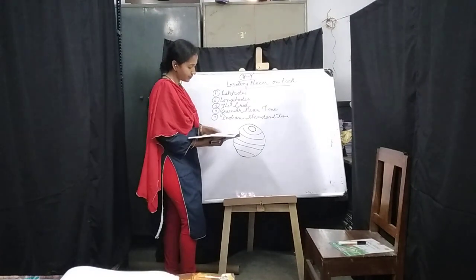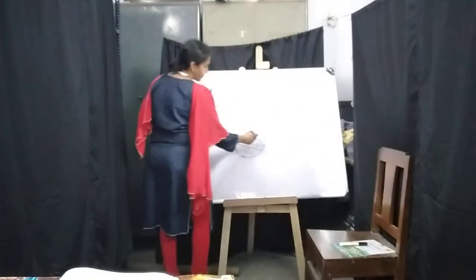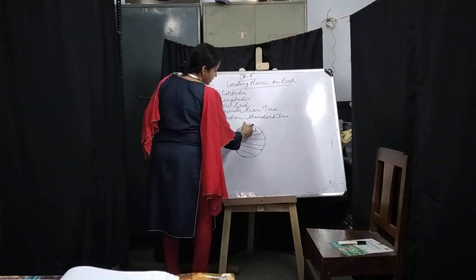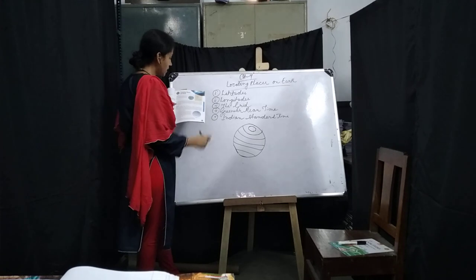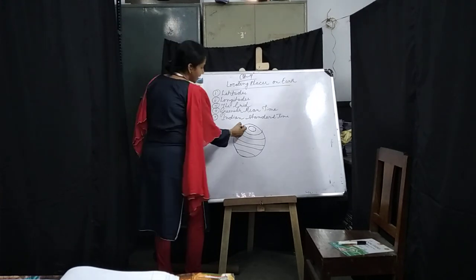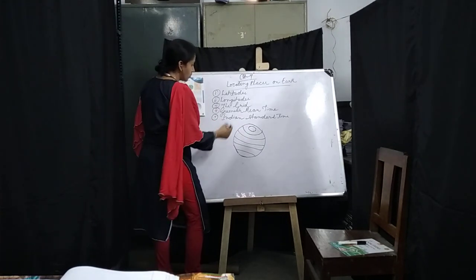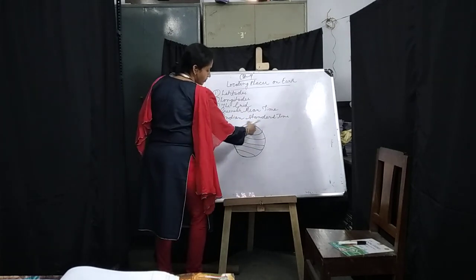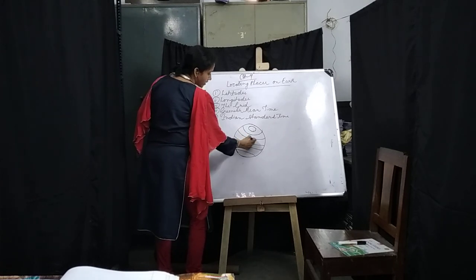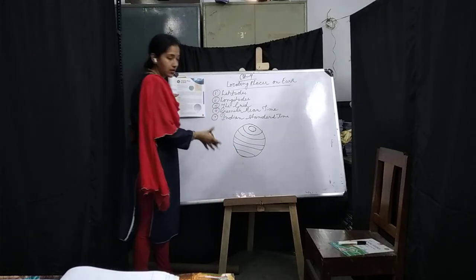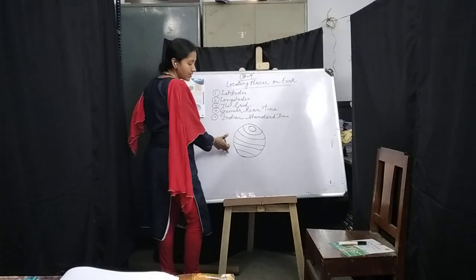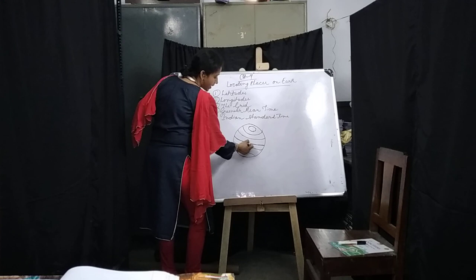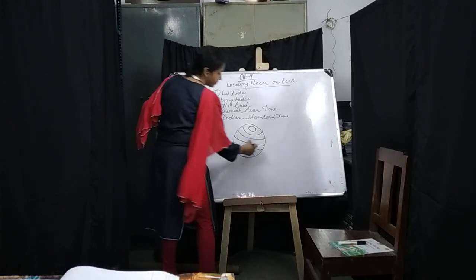These lines are actually complete circles, moving from east to west. So it's a complete circle. Among such imaginary lines, this line is called the equator.